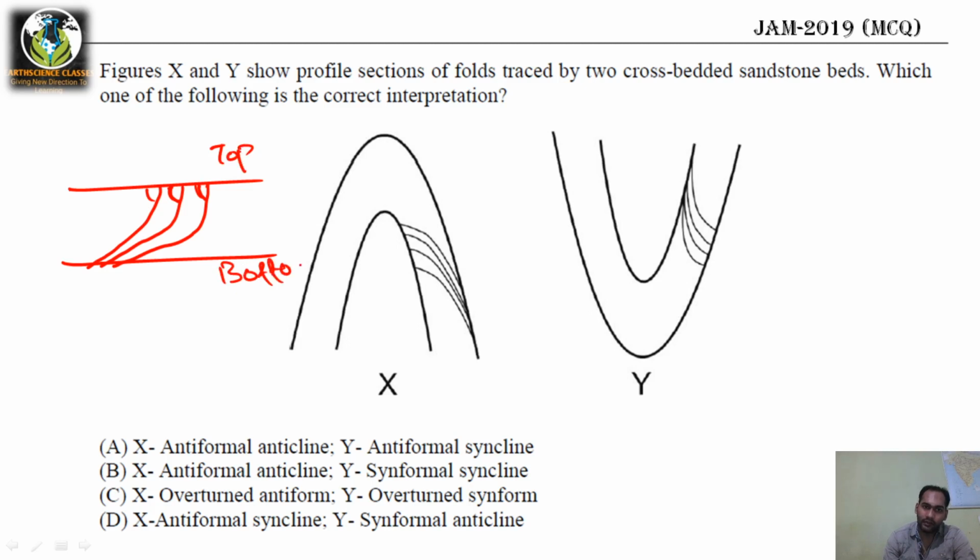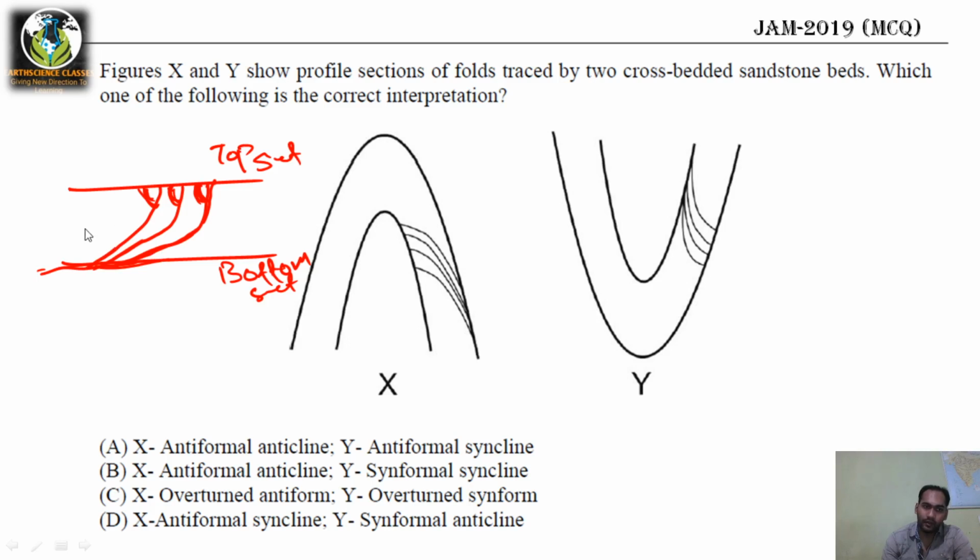So the bedding is at high angle to the top strata, the top set bed, and this is the bottom set bed. It is at high angle to top set bed, and at low angle, tangential, to bottom set bed.